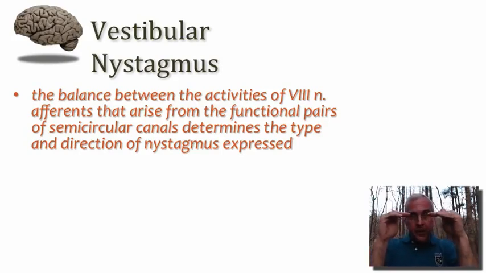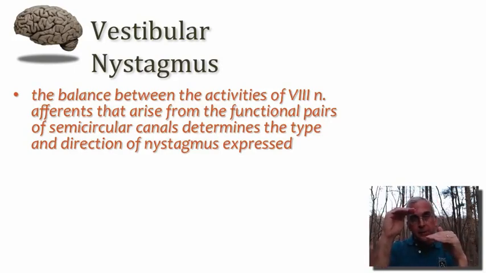But also, if we were to have hypofunction on the left, such that there is now an imbalance, the eyes would be driven in the slow phase of nystagmus towards the left, as if we were actually turning our head to the right, but we're not.